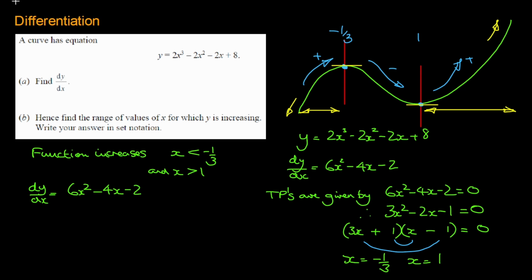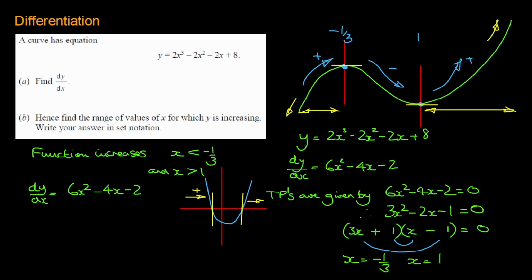It is itself a quadratic, and it goes through the points as we've worked out here, negative a third and positive 1. It's a U-shaped quadratic, so it must look like this. So dy/dx is positive here up to this point and only returns positive after this point.